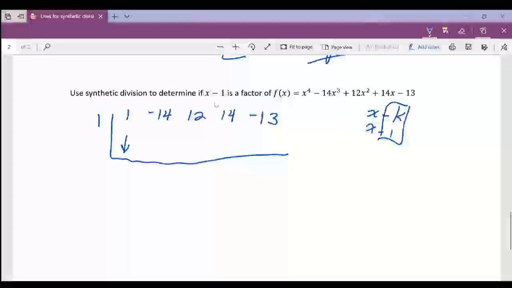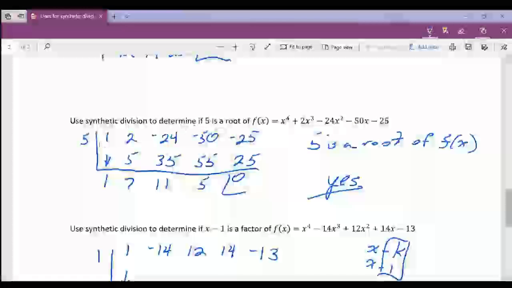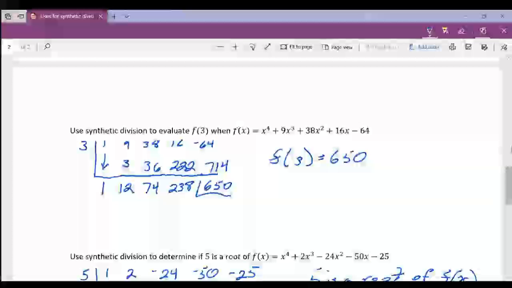That's the only time you want to worry about doing the opposite. Something like this. Okay, in the previous two, we were just given a number, so we put that number on the outside. We were given this number, so we put that number on the outside.